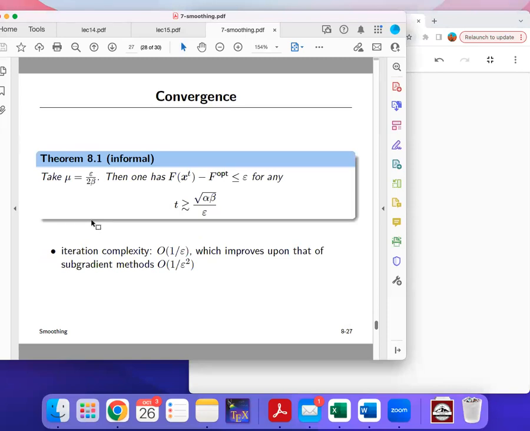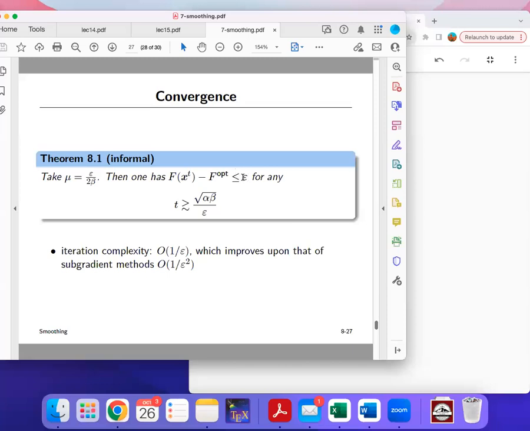And then we have this informal result. Suppose we want to achieve an epsilon accuracy for the original problem. So this f(x_t) minus f_opt, where f_opt is the minimum value of f, the optimality gap is bounded by epsilon.